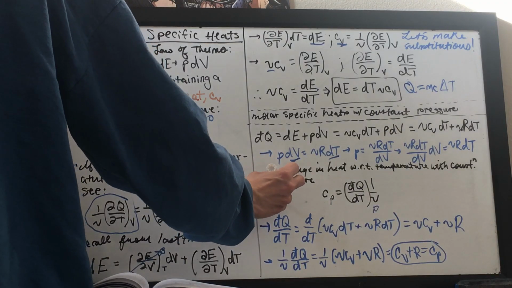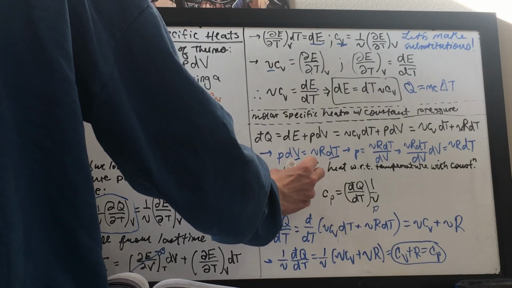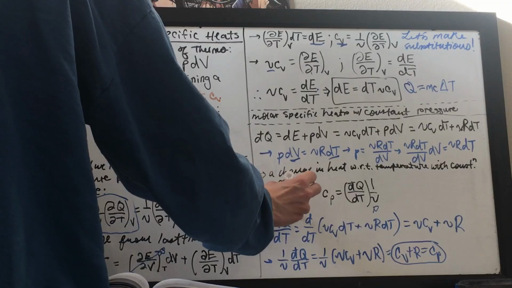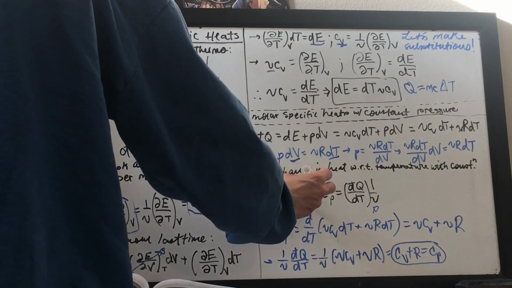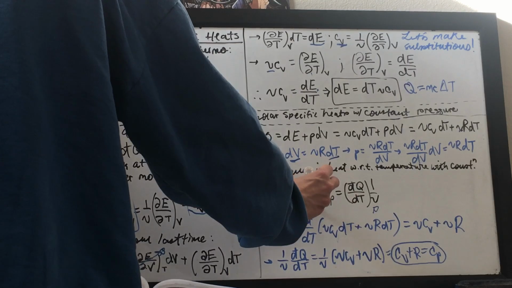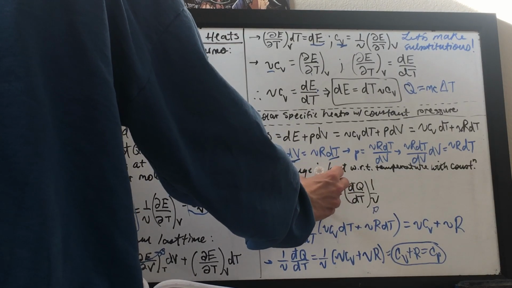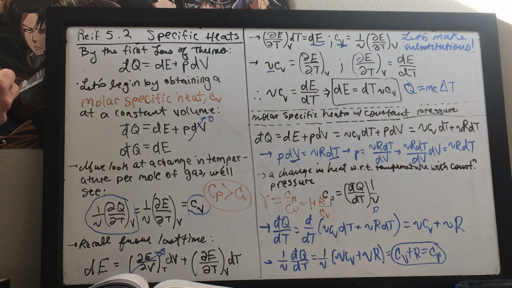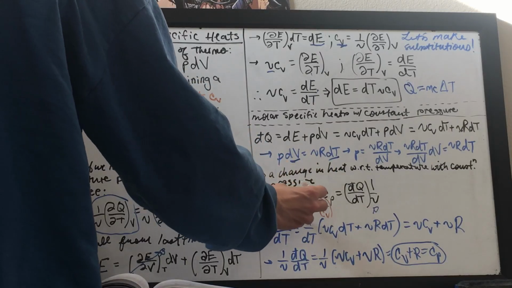Gamma describes the ratio specifically between the molar specific heat of constant pressure over the molar specific heat of constant volume of any given substance. And then this, once we actually do the algebra, ends up being 1 plus R over molar specific heat with constant volume CV. That's what we can get from there.